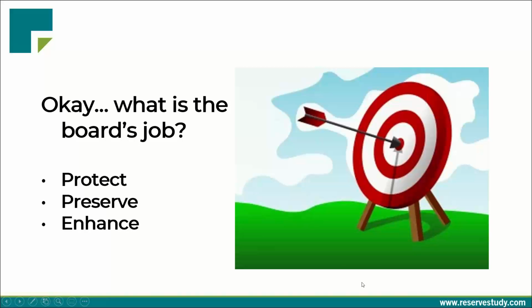The board, as you may or may not know, but you should, is the risk manager of the association. The board as a body is the risk manager of the association, and the key obligation is to protect, preserve, and enhance the association.